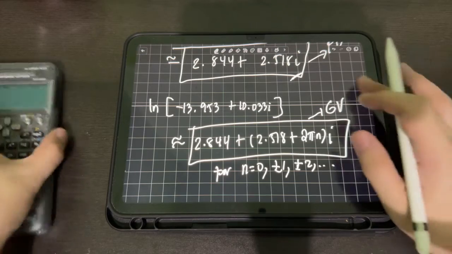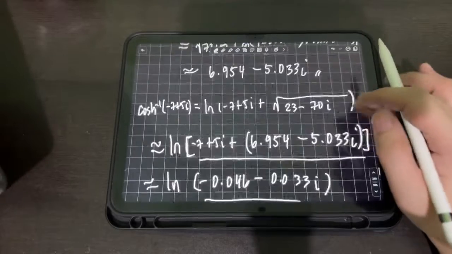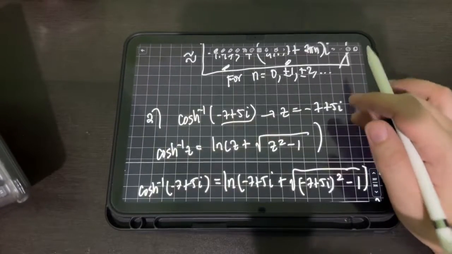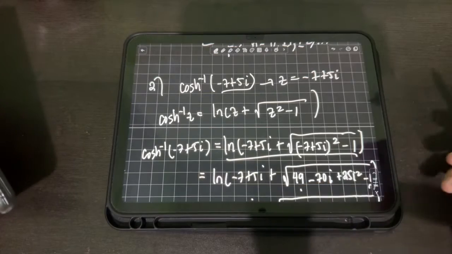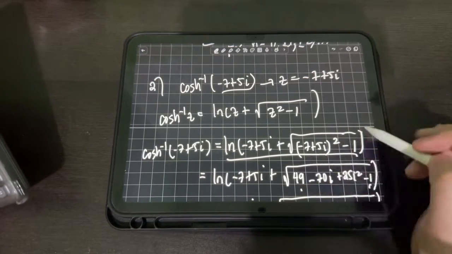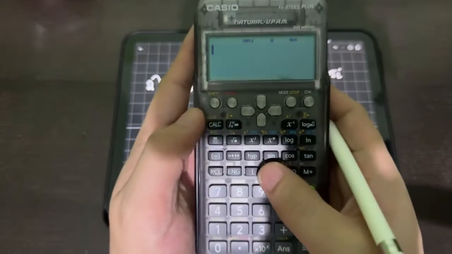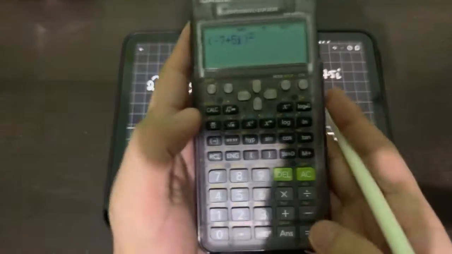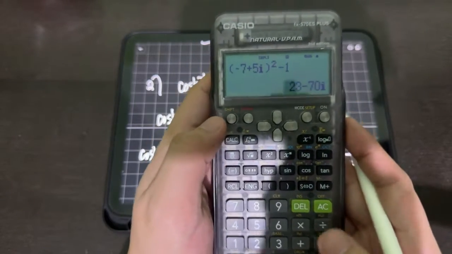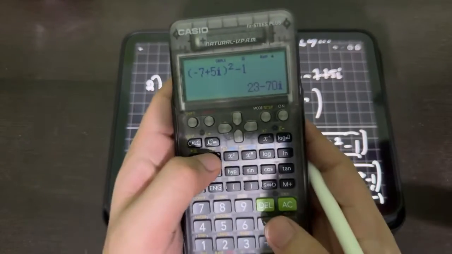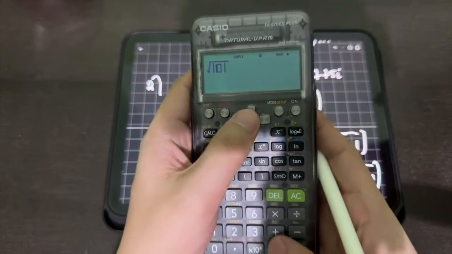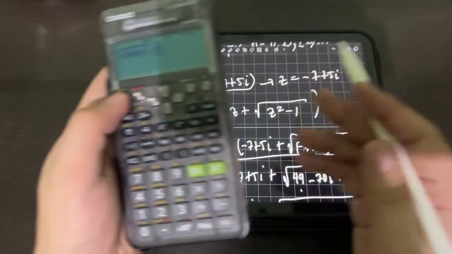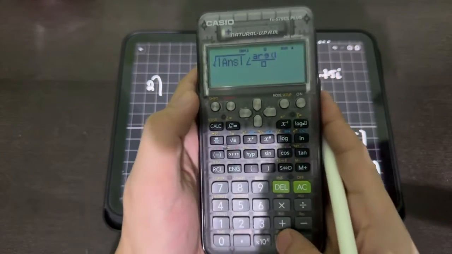Okay, now let's check using your calculator. So we start with this expression. So input the expression inside the square root first. So negative 7 plus 5i squared, then minus 1. Okay, get the square root of this. Input square root, shift abs of ans, and then angle of argument. So shift to 1 of the ans.